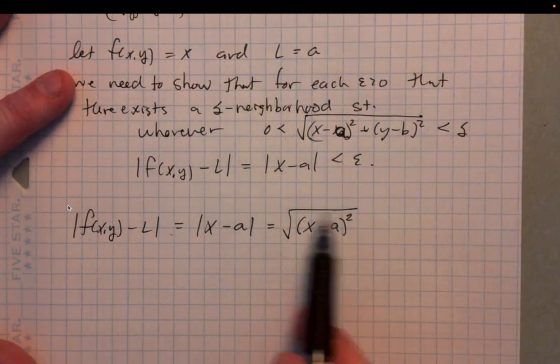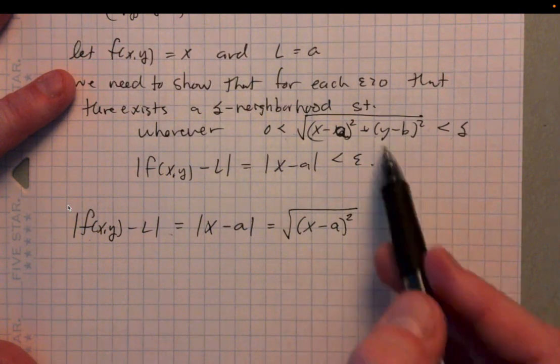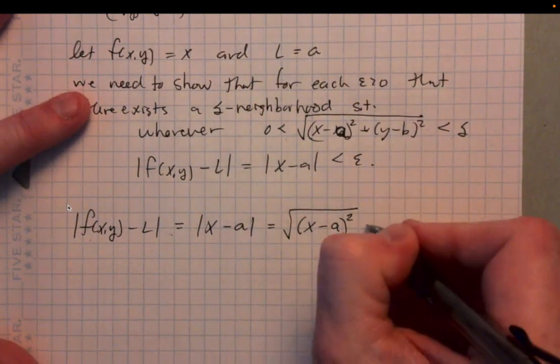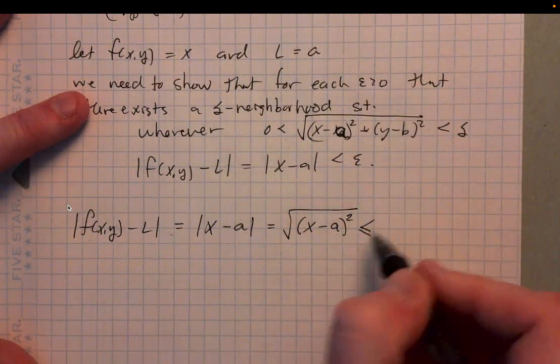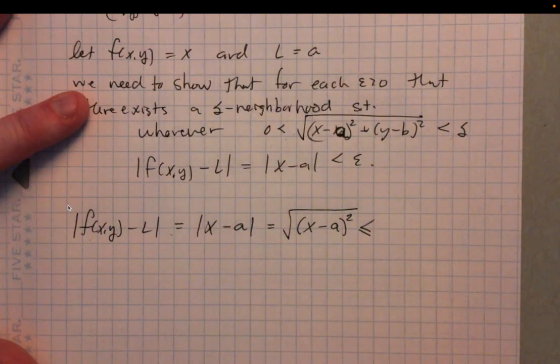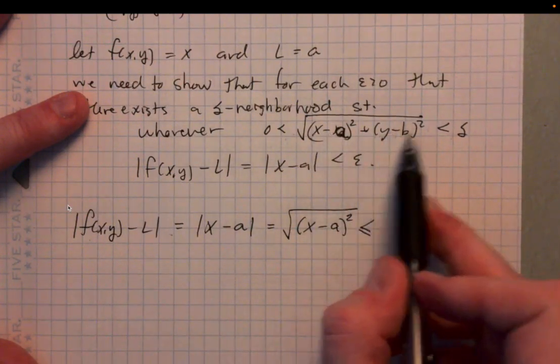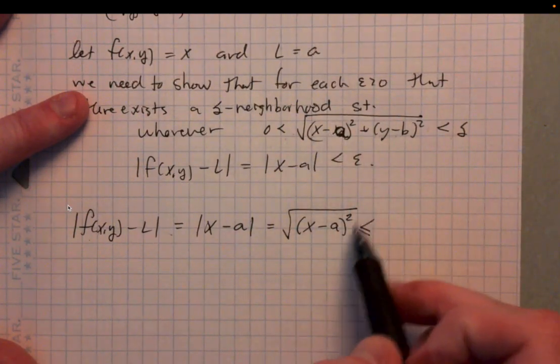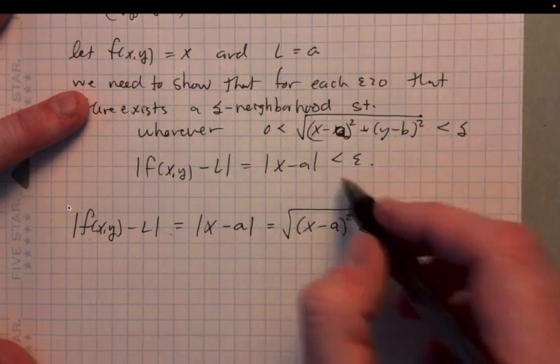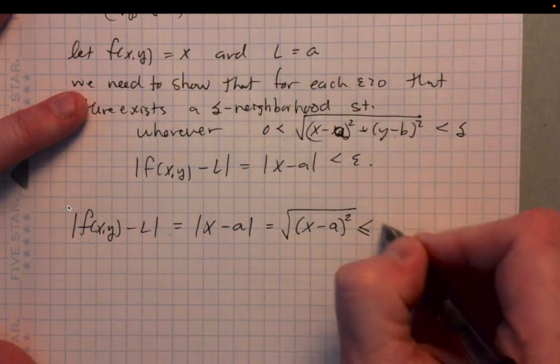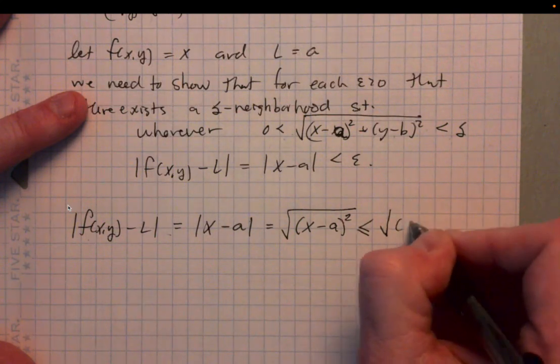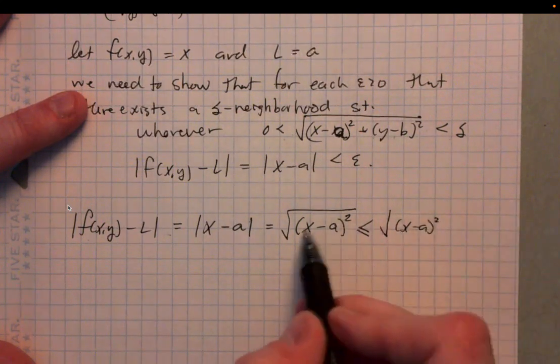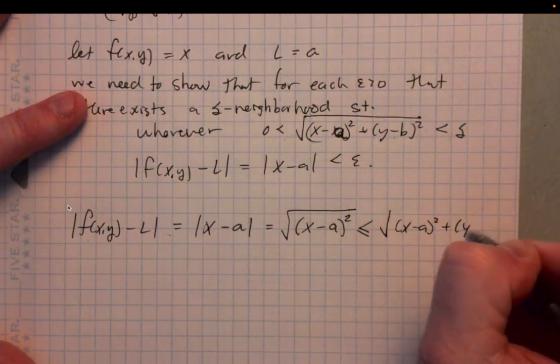And then this isn't quite the distance, so we can throw the y component on there as well. But when we do that, we have to say less than or equal to, because certainly if we add some quantity under the square root, it's potentially going to grow it, if the quantity is non-zero. So that's less than or equal to the square root of (x minus a) squared plus (y minus b) squared, which is that piece with this other piece put on as well.